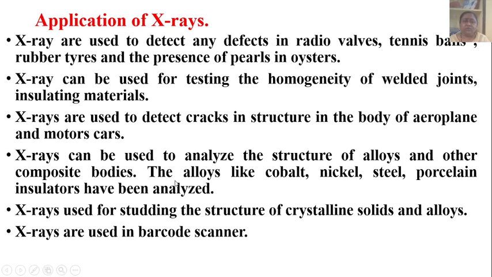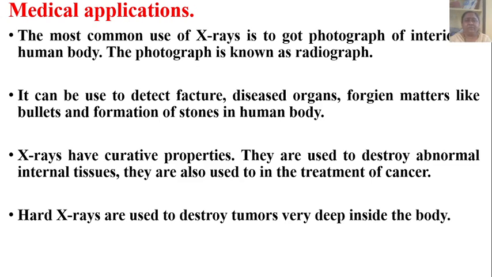X-rays can be used to analyze the structure of alloys and other composite bodies. Alloys like cobalt, nickel, steel, polysilicon, insulators have been analyzed. X-rays are used for studying the structure of crystalline solids and alloys. X-rays are used in barcode scanners.